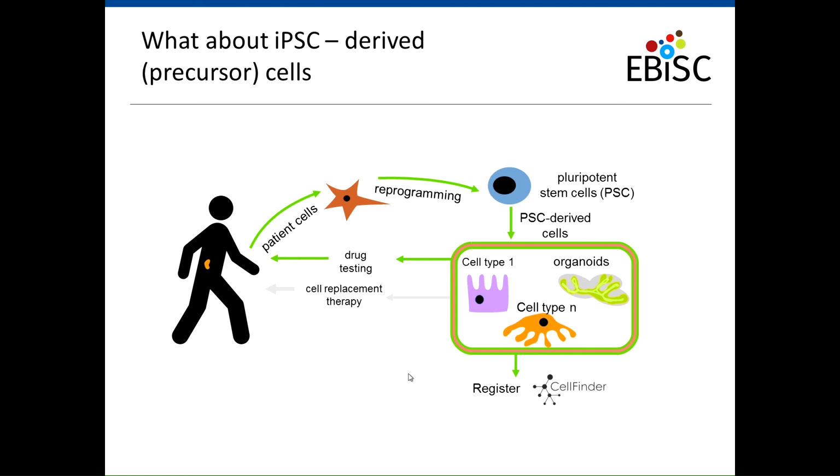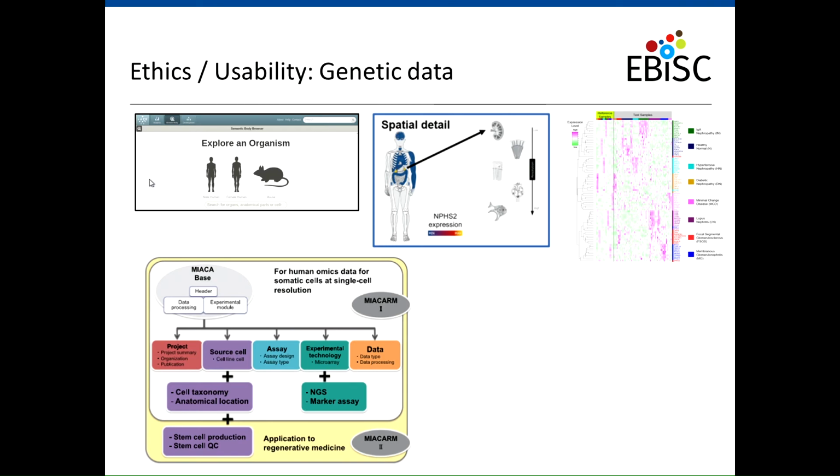Another issue I want to briefly mention is the cell types derived from iPS cell lines. There are several cell types, there are also organoids, and the question is, do we also want to have a registry for these lines? What kind of information should be there? We developed a few years ago a tool called CellFinder, where we can register all cells of the human body, and the mouse too actually, and then zoom into this human body down to the cell level and look for gene expression patterns.